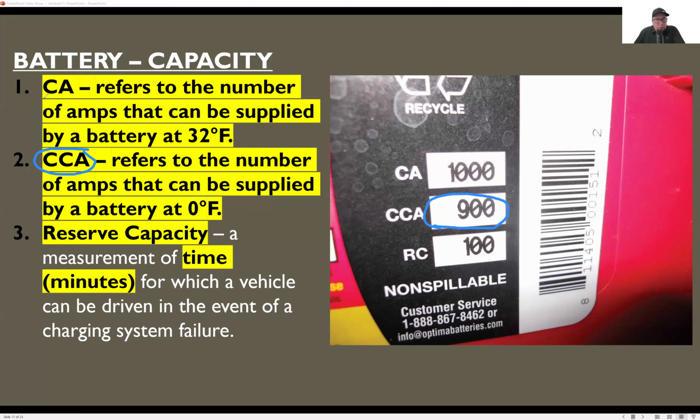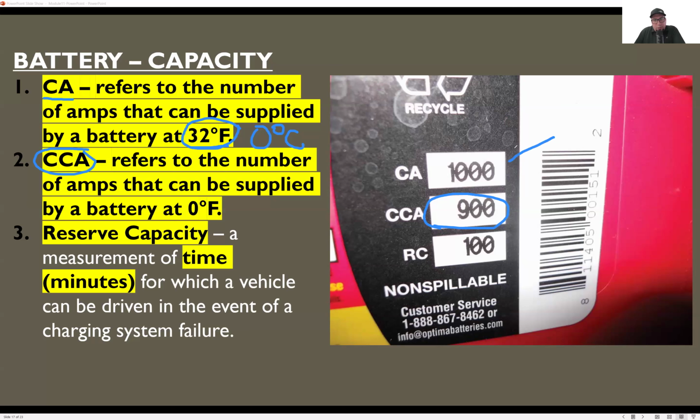So the CA, which is cranking amps, refers to the number of amps that can be supplied by the battery at 32 degrees Fahrenheit. That's very important because 32 degrees Fahrenheit is 0 degrees Celsius, which is freezing, the point where water freezes. So when this rating here is 1,000, we're just using this battery as an example.